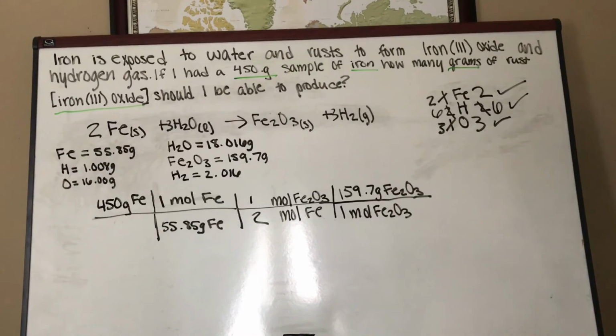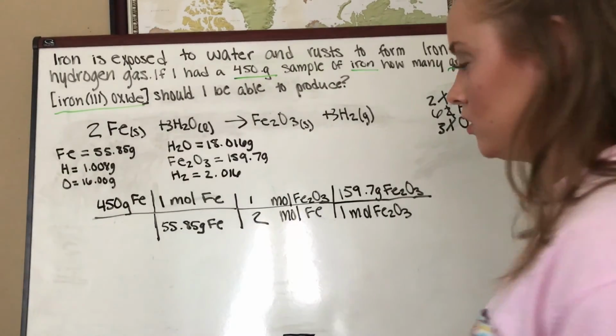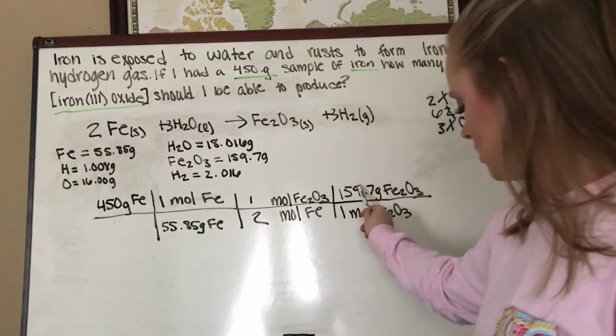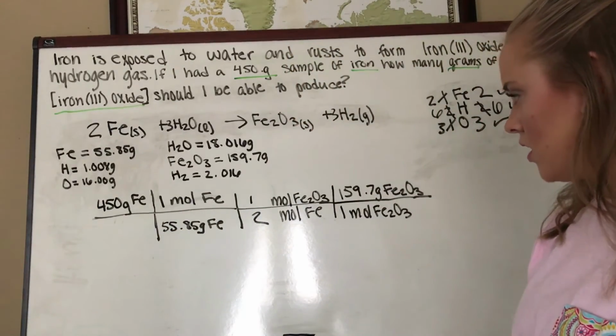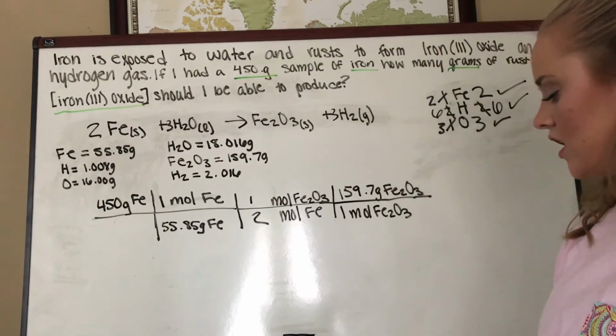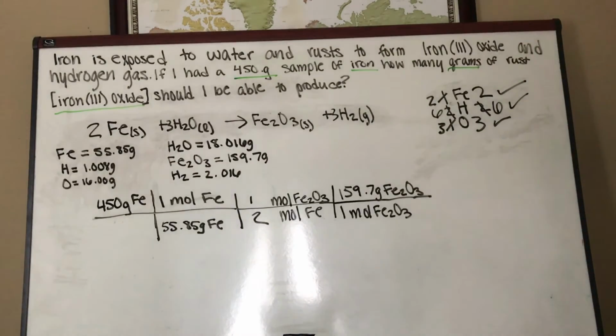The best way to put this into your calculator is to multiply the top row together, multiply the bottom row together, and then divide those 2 values.